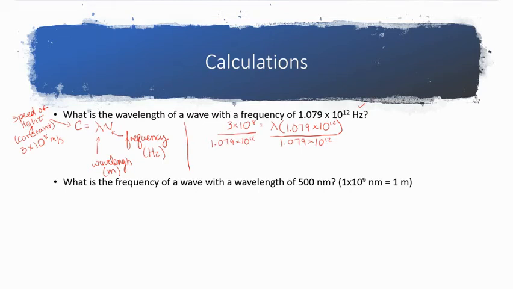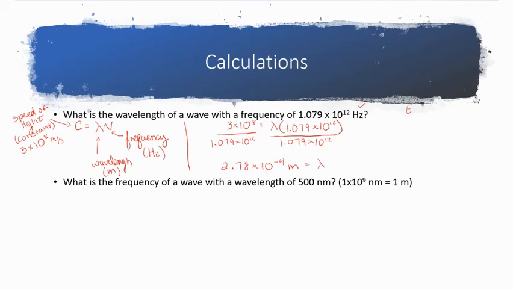This again is where that E button on your calculator is going to become super handy because then we don't have to worry about parentheses. But when we do this, we should find that our wavelength here is 2.78 times 10 to the negative 4th meters as our wavelength.